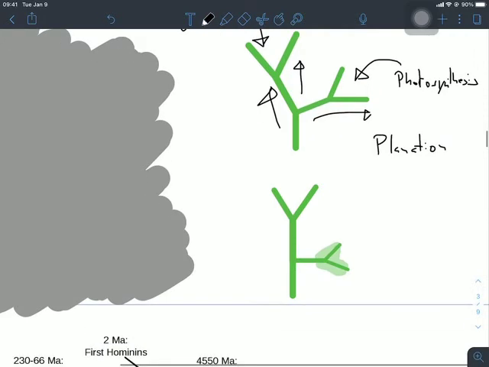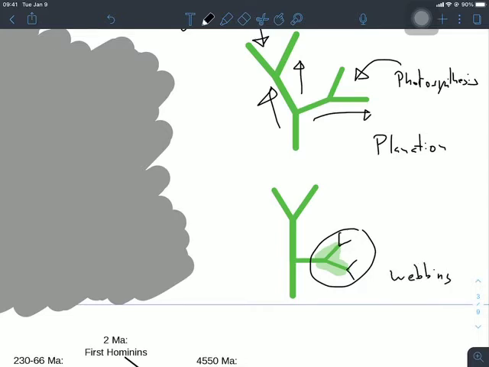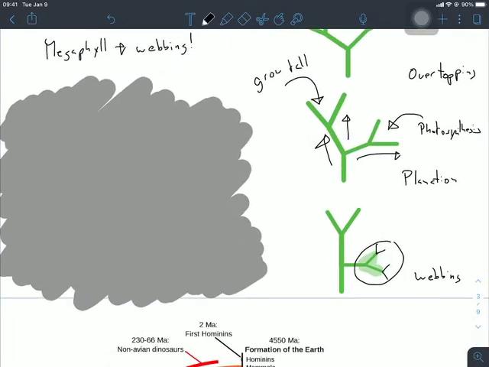And if you start placing webbing in a dichotomously branching branch that then could further branch more dichotomously, you could imagine that this is the way in which a megaphyll developed. So, the current best theory is suggesting that leaves are actually webbed, flattened, planated stems that have been overtopped.